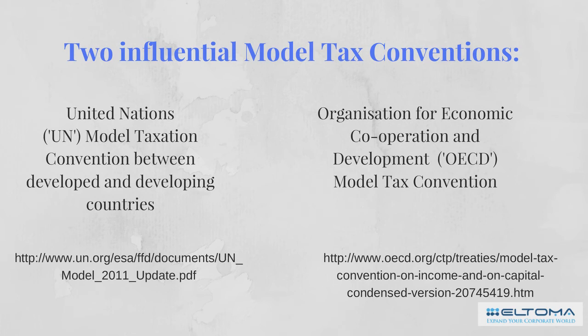Both these conventions are available on the OECD's and United Nations websites. I indicated the links on the screen for your convenience. In addition, many countries have their own model treaties, which are often not published, but are provided to other countries for the purpose of negotiating tax treaties. The United Nations Model Tax Convention draws heavily on the OECD Model Tax Convention.